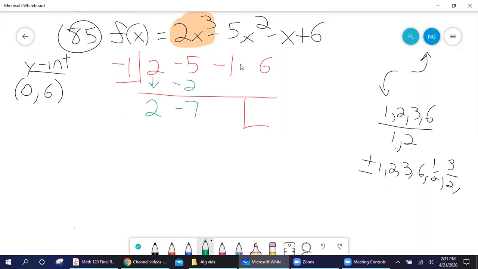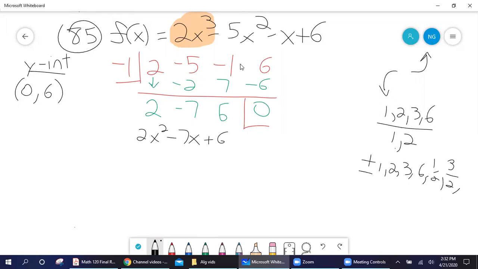And again, I'm hoping for a remainder of 0, which I get. So I just crunch this down to 2x squared minus 7x plus 6.